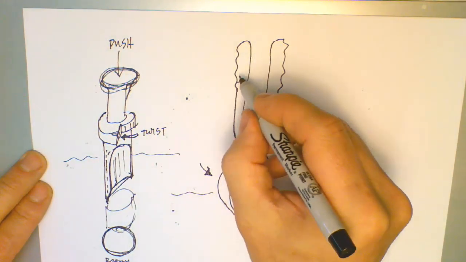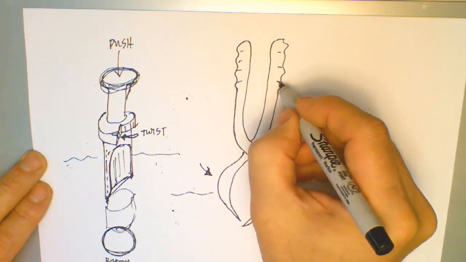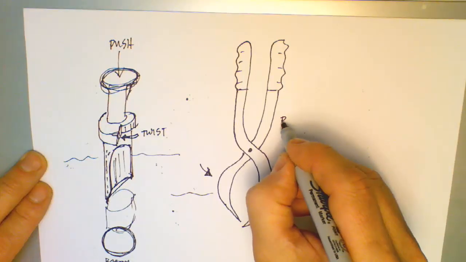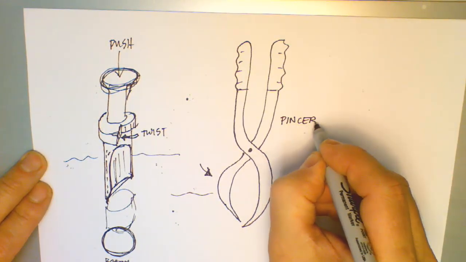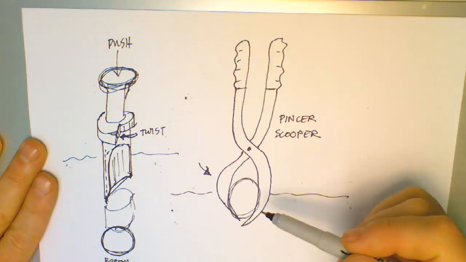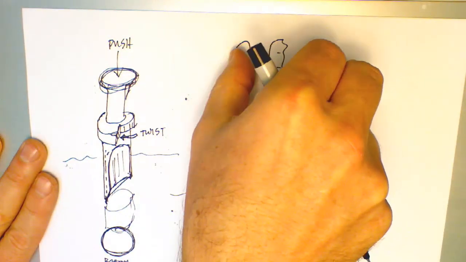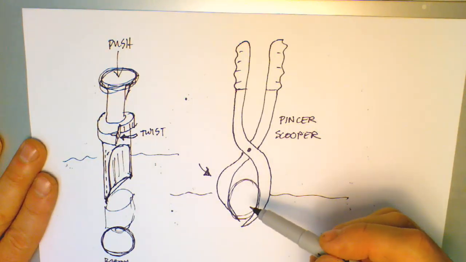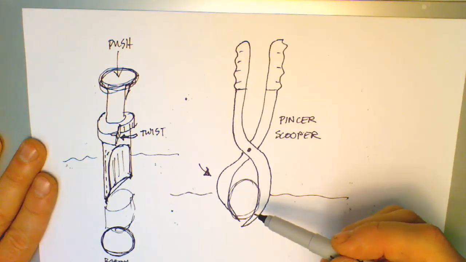So it's a pincer scooper. This leverages the idea of using opposing force of squeezing pincers instead of requiring the wrist of the user to resist the action of the scooping.